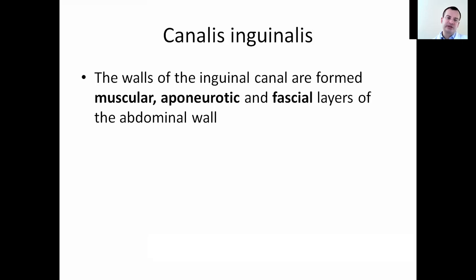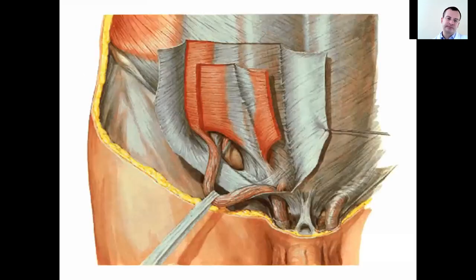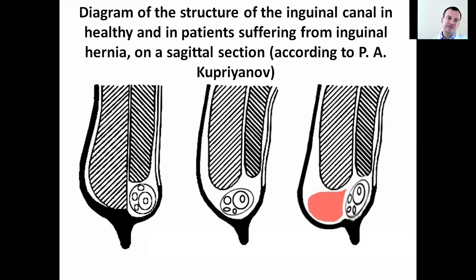The walls of the inguinal canal are formed by muscular, aponeurotic, and fascial layers of the abdominal wall. Here is a diagram of the structure of the inguinal canal in a healthy person and a patient suffering from inguinal hernia on a sagittal section.